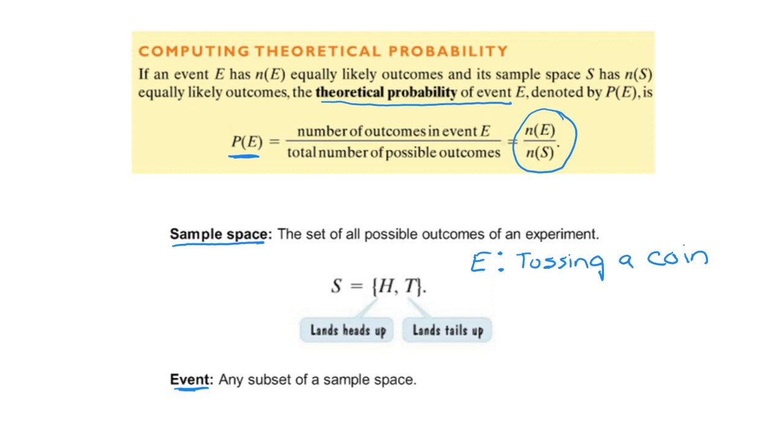My sample space is that it could be H for heads up and T for tails up. Since the coin has two sides, we can say theoretically it is a 50-50 chance of landing on heads or tails. You have two options, heads or tails, so a 50-50 chance, or 50%.